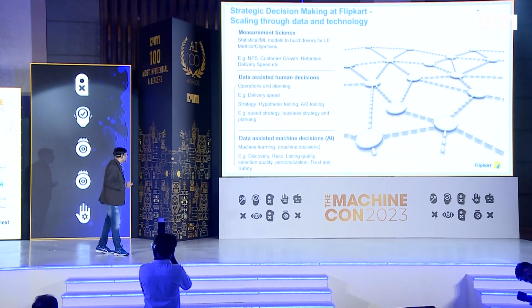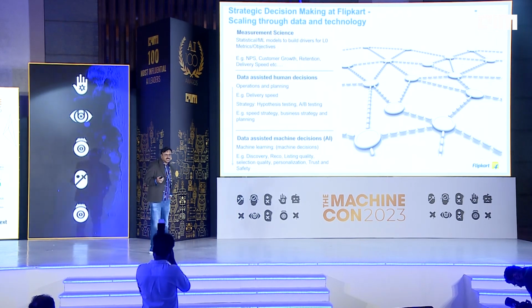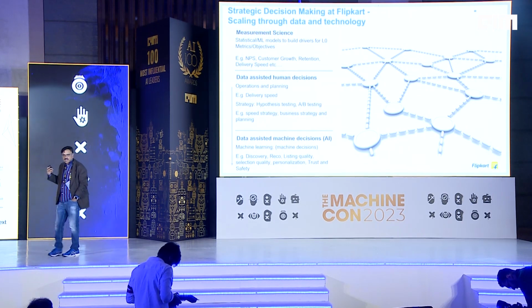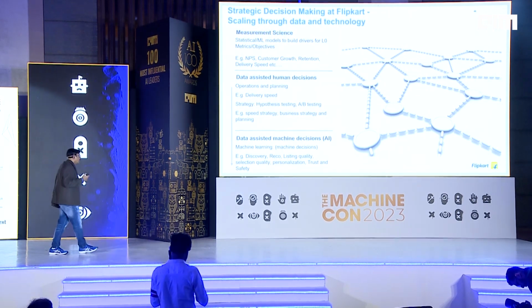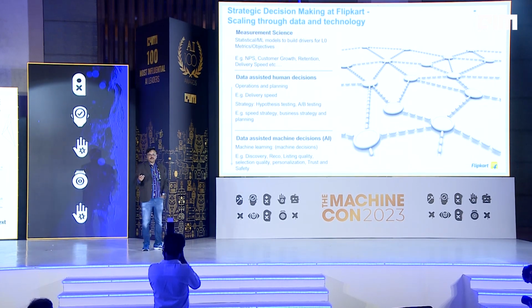And the last one is the classic AI, which is data-assisted machine decisions. This starts from discovery, search, recommendations, personalization, listing quality, selection, trust and safety, and so on.